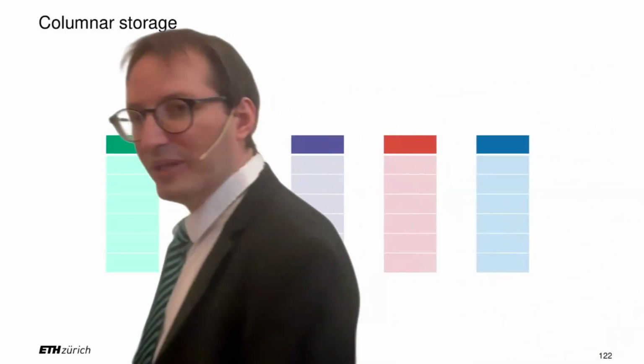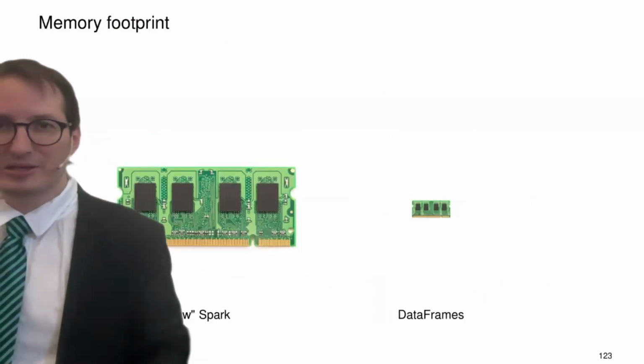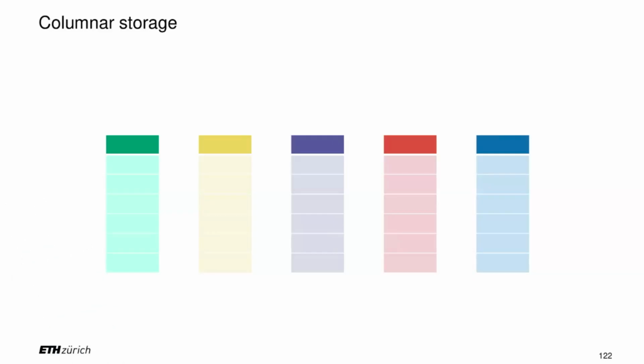And the difference between just regular RDDs of Python dictionaries and an actual data frame is the storage. It's the way you will have it in memory. Because if you know that your RDD is made of JSON objects that have the same keys, they are valid against the same schema, then what you can do in memory is store the same keys together.